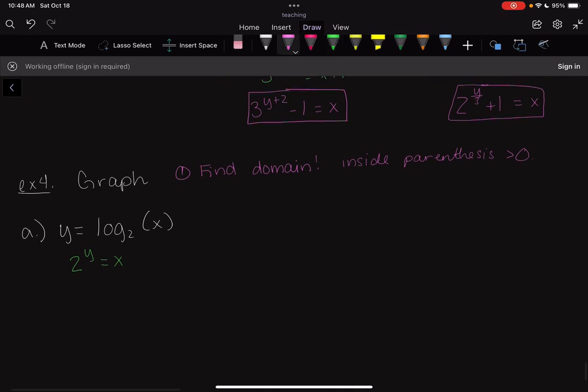So for my domain here, x has to be greater than 0, so this would be 0 to infinity. Now the other reason that I like to move into exponential form is that we can choose y values.